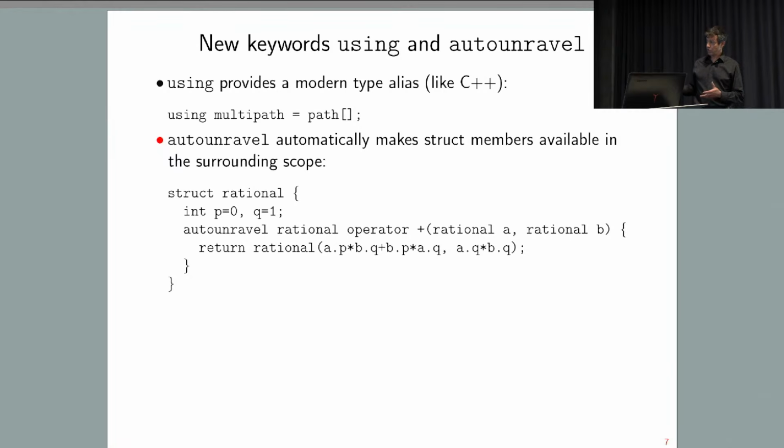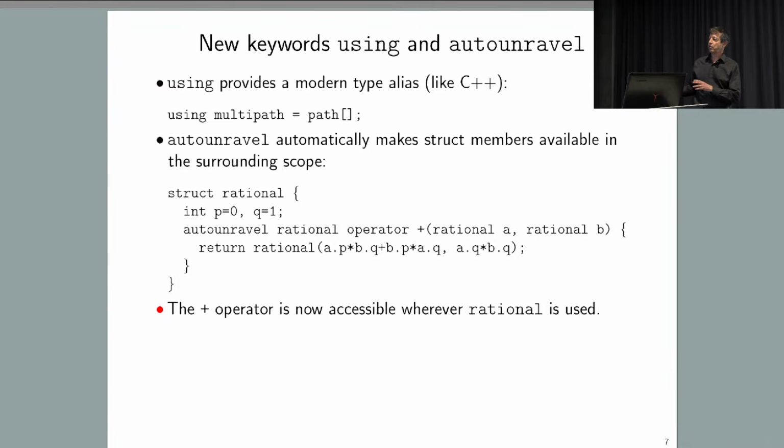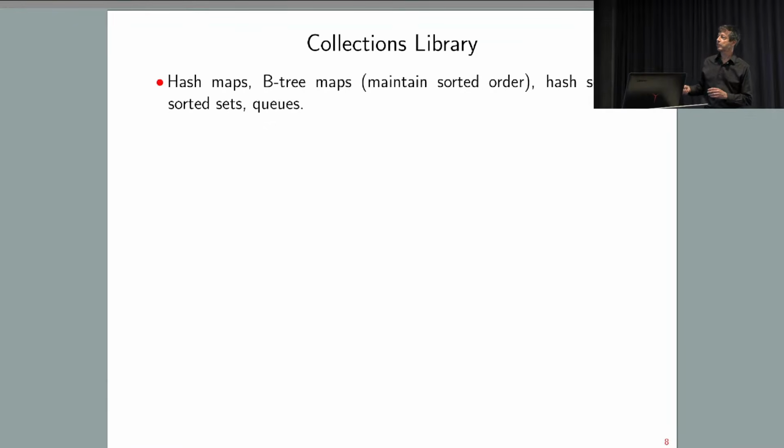If we didn't have this auto unravel keyword, this would have to be declared outside of the structure. This way you can keep everything nice and self-contained, and you can still access it outside. The auto unravel basically unravels this out of the structure so that the plus operator is now accessible wherever rational is used. And that's really nice.